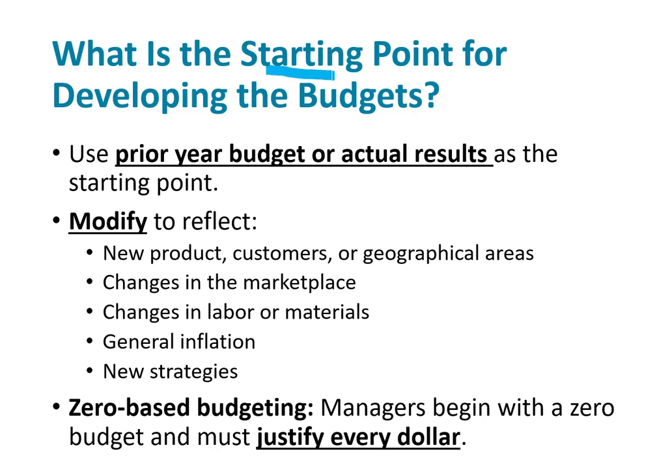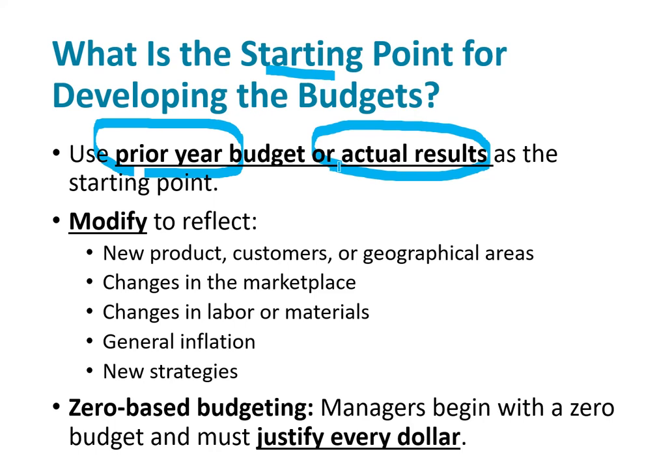So what is the starting point for these budgets? Well, most of the time it'll be the prior year budget that they look at or the actual results that happen. And then you'll modify that by looking at, well, new products, customers, geographical areas. In other words, if you're expanding the business or contracting the business, you'll want to reflect that in the prior year budget or actual results.